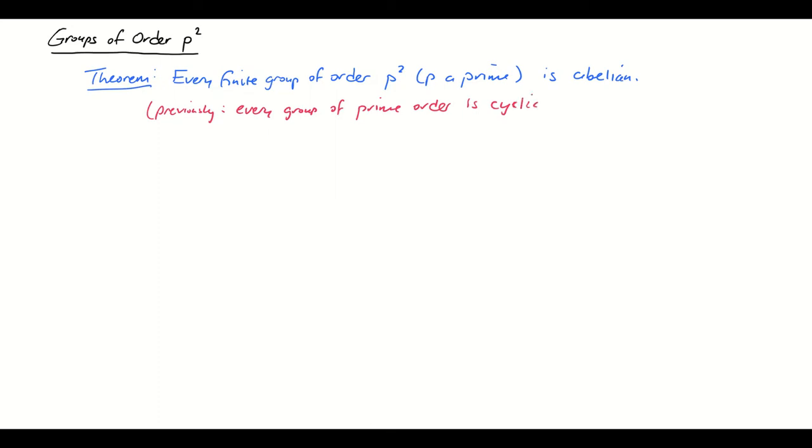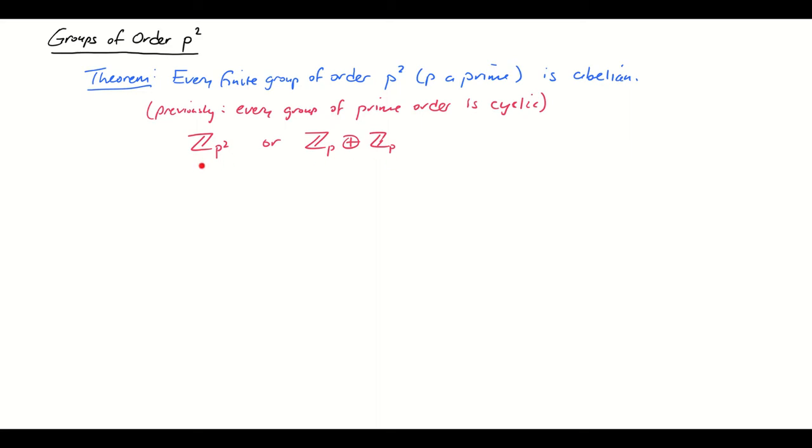We can't go quite that far with groups of order p squared, because we know, for example, that a group of order p squared could be Z mod p squared, or it could be Zp direct product Zp. I'm using the symbol ⊕. That's a symbol that's commonly used for direct products of abelian groups. And we'll see that more and more as time passes. We'll see this symbol rather than the X symbol. Okay, so these are both groups of order p squared.